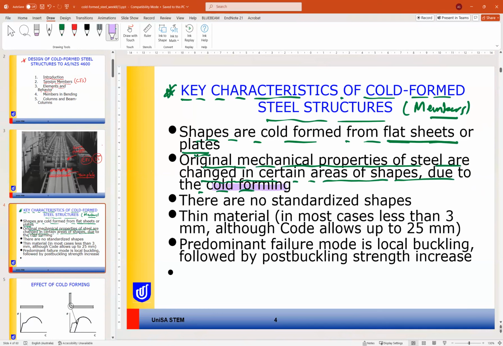So due to the process of cold forming, the mechanical properties of the steel are changed a little bit. And this is the major difference compared to the hot rolled steel. Okay, we see now what is the difference in the stress strain curve for both types of steel, but the mechanical properties have changed due to the cold forming process.